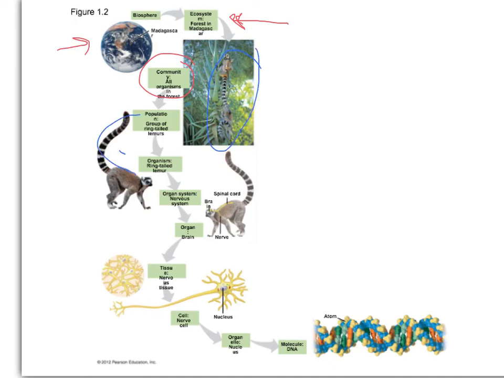We then went from our population to an organism. We then went from our organism to an organ system, to an organ, to a tissue, to a cell, and then we broke down the cell into organelles, and those organelles then break down into a molecule, which is made up of atoms. So that's from large to small.